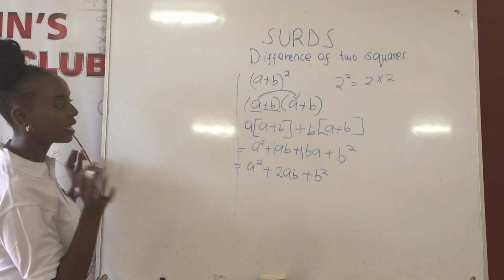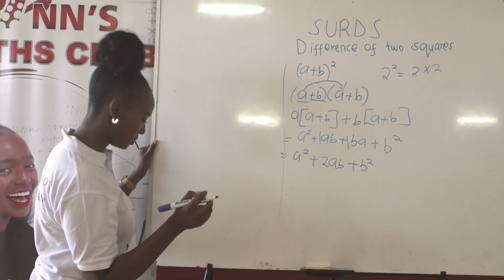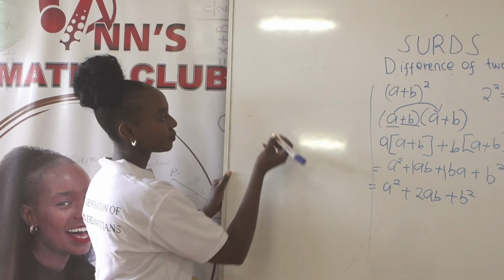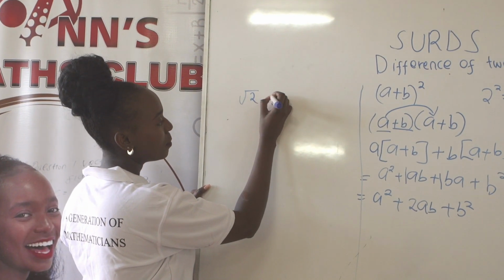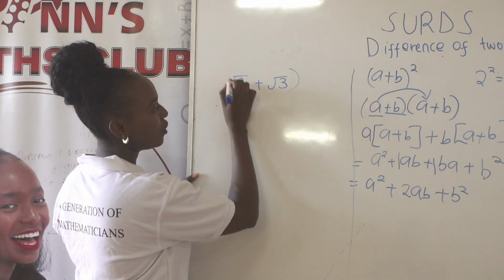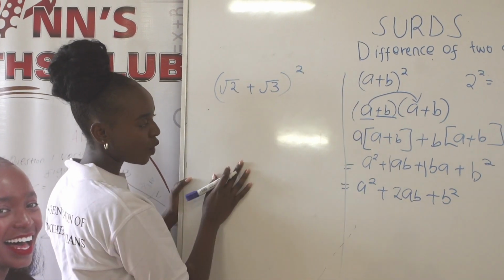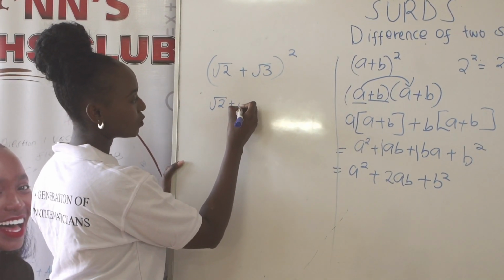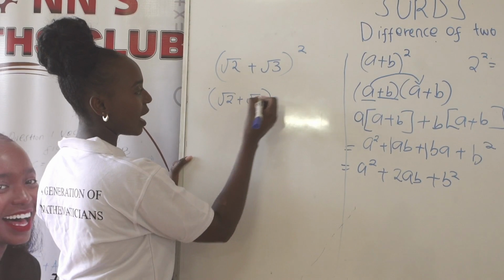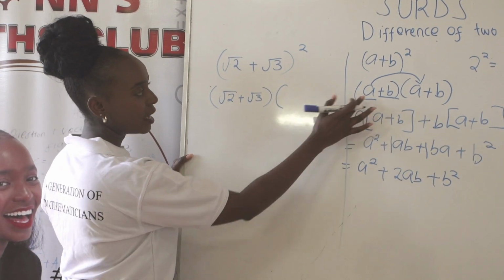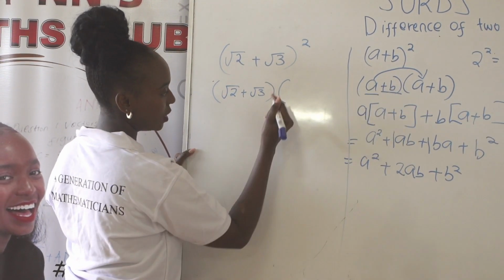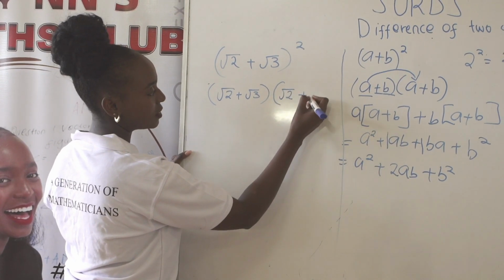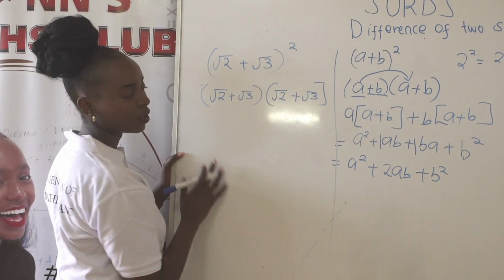For example, let us work it out in the form of surds. Maybe you have root 2 plus root 3, and you've been asked to find the square. So you take root 2 plus root 3. For square, it means 2 of them, just like we did here as well: root 2 plus root 3, times root 2 plus root 3.